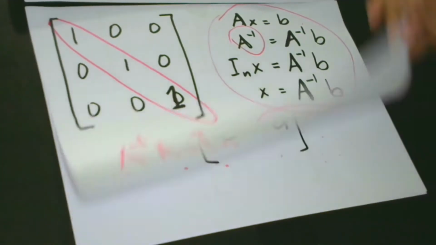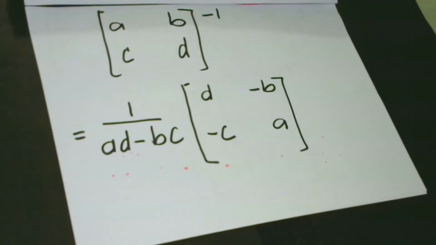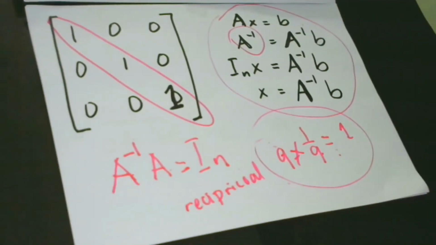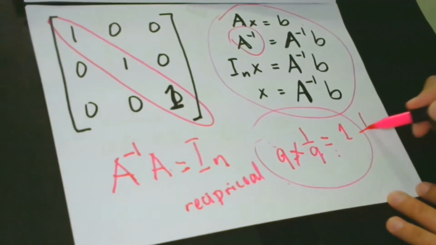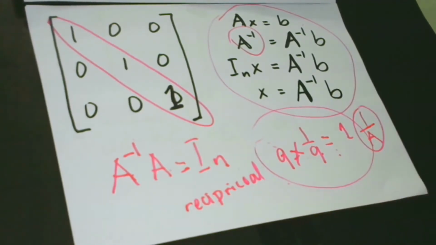So maybe at this point you would like to ask if it is the same idea with the reciprocals. Why is it that we cannot do 1 over A? It's a very good question. Again, let me repeat that.